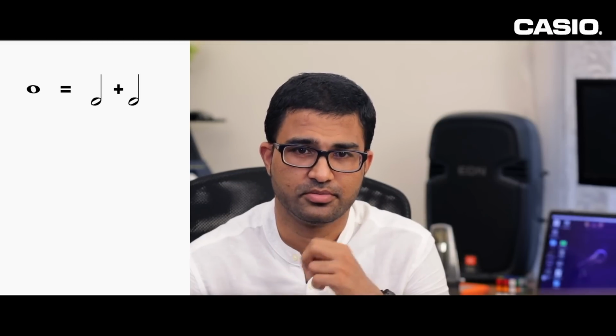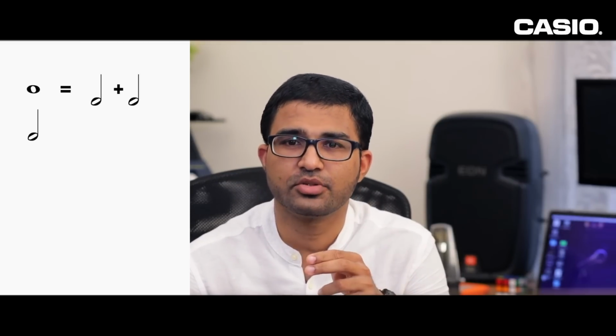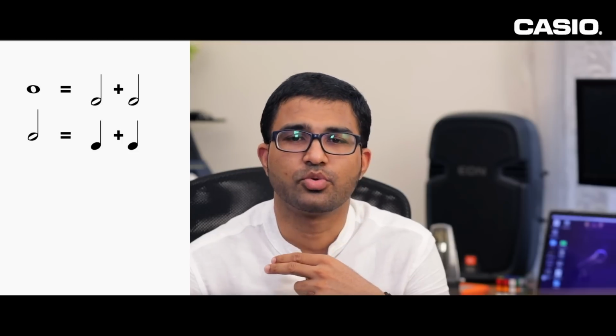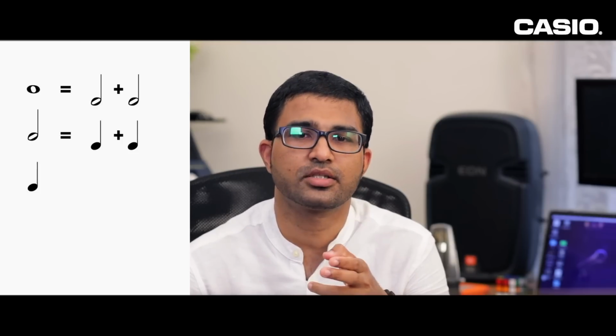Also, this way you can easily learn this one. A semi-breve or a whole note is equivalent to 2 half notes, and 1 half note is equivalent to 2 quarter notes, and 1 quarter note is equivalent to 2 eighth notes, and 1 eighth note is equivalent to 2 16th notes.